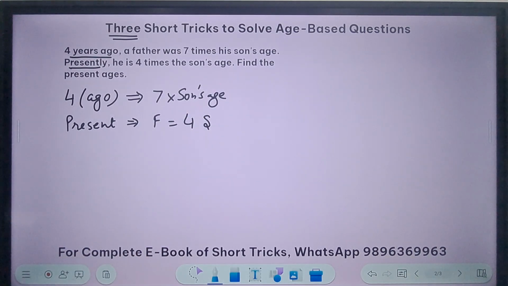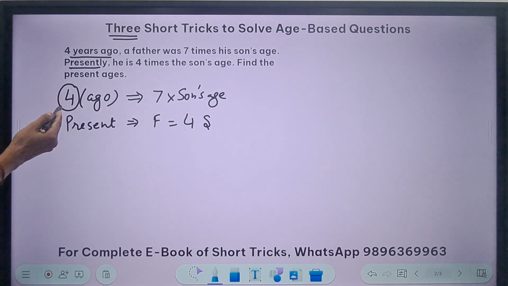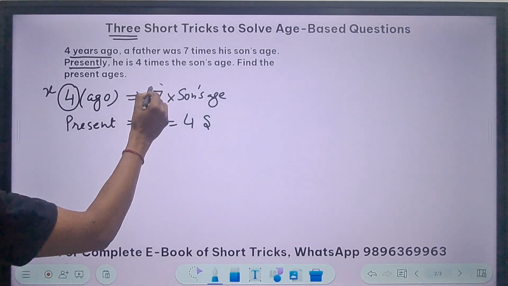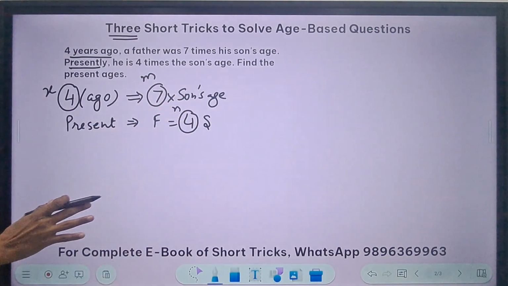Now these are the two conditions which are given. Now in this case, we will have only x, because here we have only the condition of ago, right? So this is x, and the two values which are given here, 7 and 4, this is m and this is n.